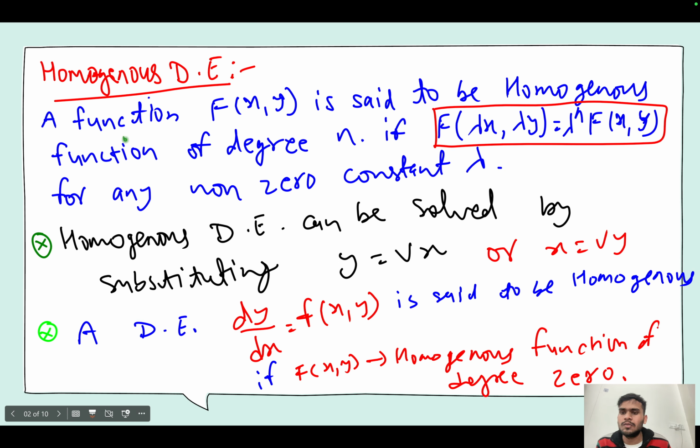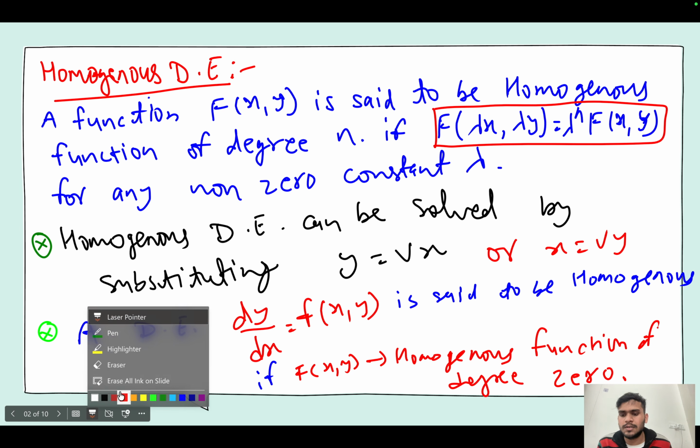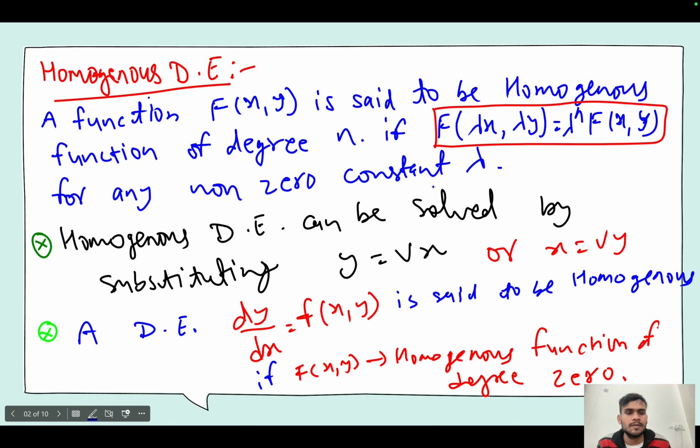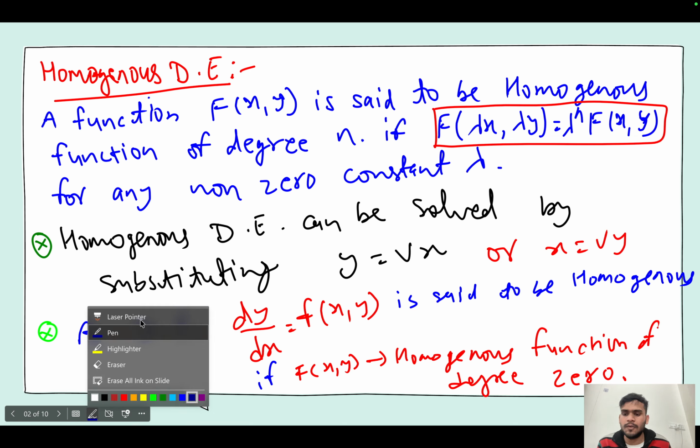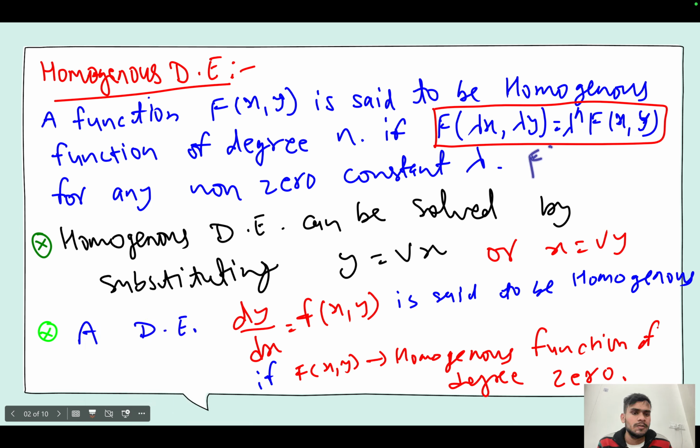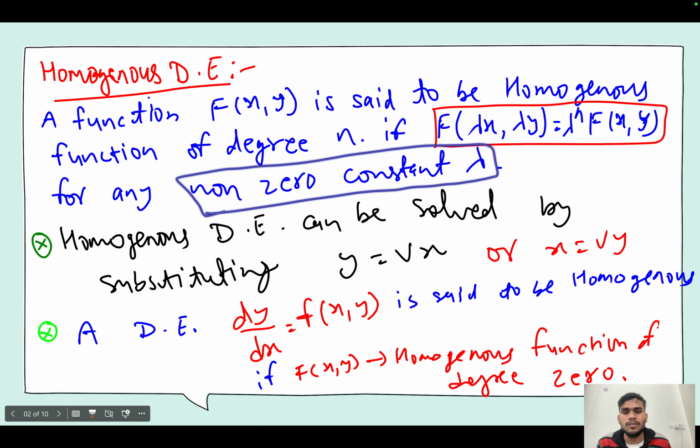A function f(x, y) is said to be a homogeneous function of degree n if f(λx, λy) is equal to λ to the power n times f(x, y), where λ is any non-zero constant.